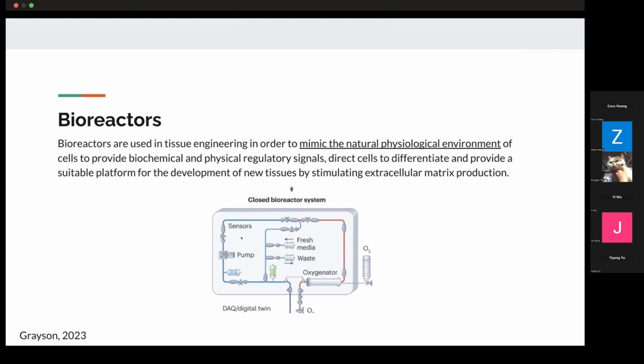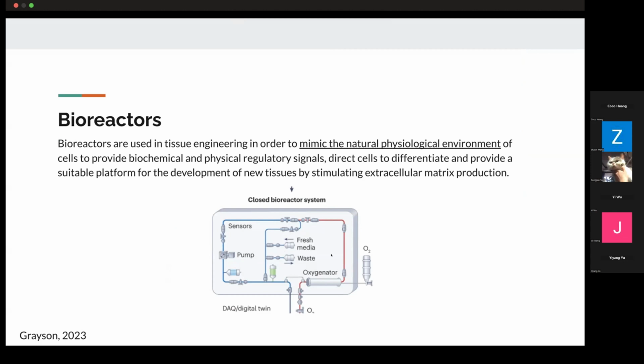So this is part of a diagram from a Nature article showing what a closed bioreactor system should look like. After taking samples from the patient and analyzing our needs, we can place tissues into this kind of system where fresh media goes in and waste goes out. There are pumps and sensors to regulate the entire system.